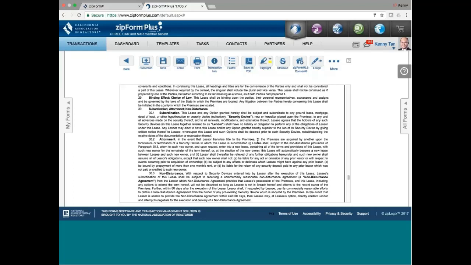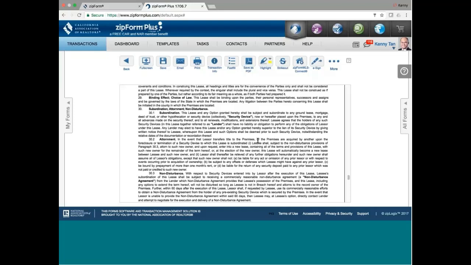What happens to your lease is that whoever buys the property through the foreclosure becomes the new owner. The atonement clause makes you a tenant to the new owner. That's what atonement means. So atonement is very common on commercial leases.